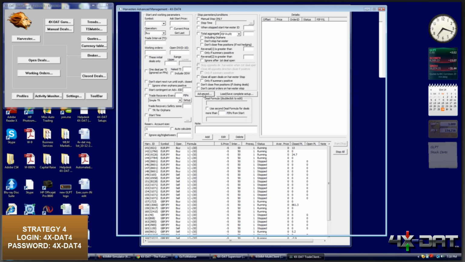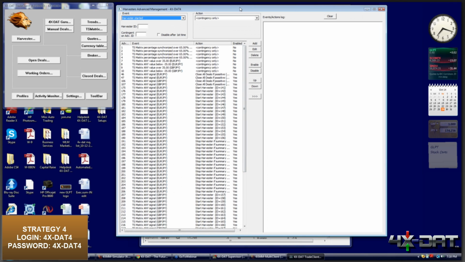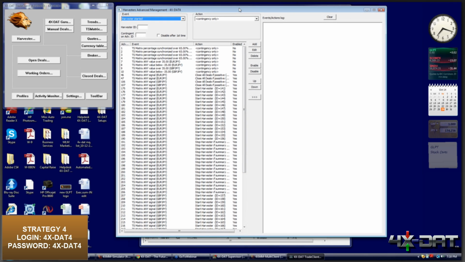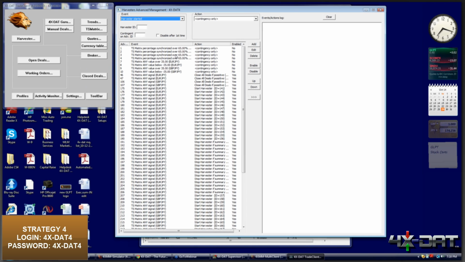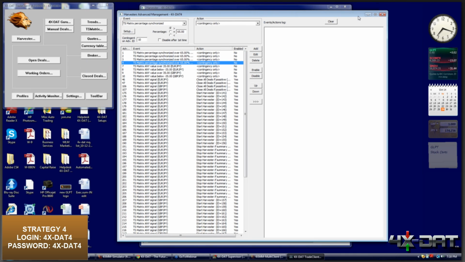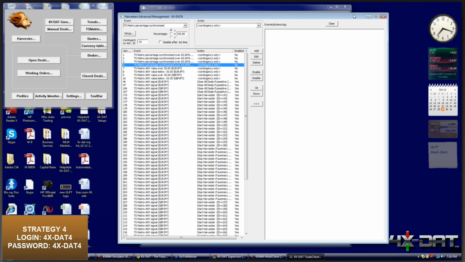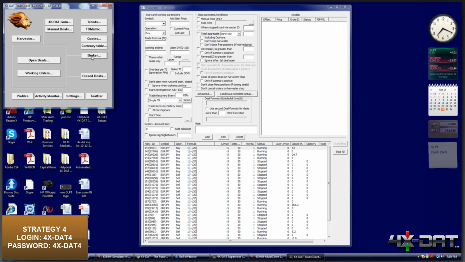If we look at our advanced management of these algorithms, then we see that it is very much a trending strategy. We want to capitalize on the market when it's trending and moving.